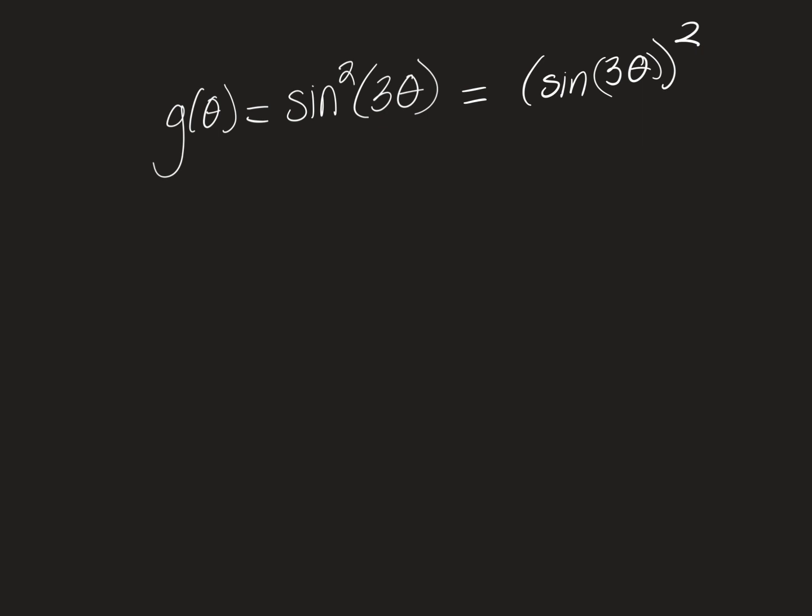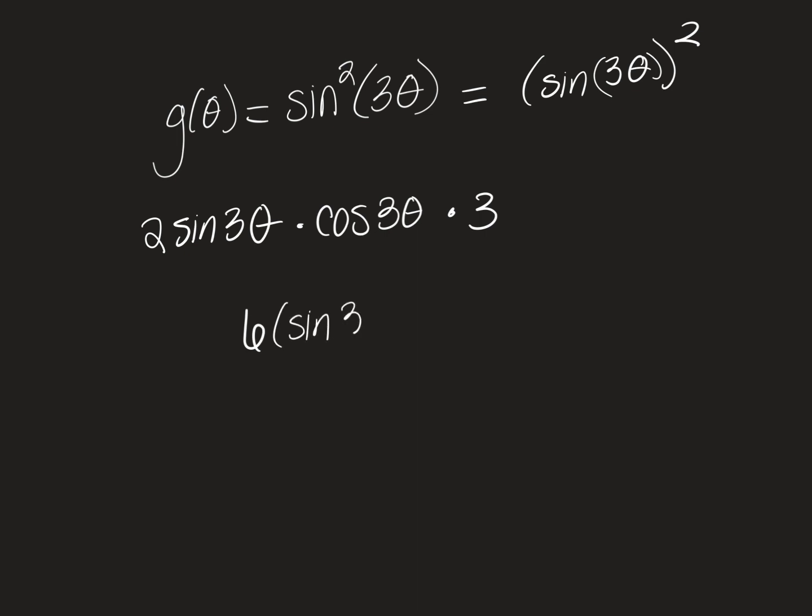So then technically you're doing 2 sine 3 theta, times your cosine 3 theta, then times your 3. Which will give you 6 sine 3 theta, then we have the cosine in there.